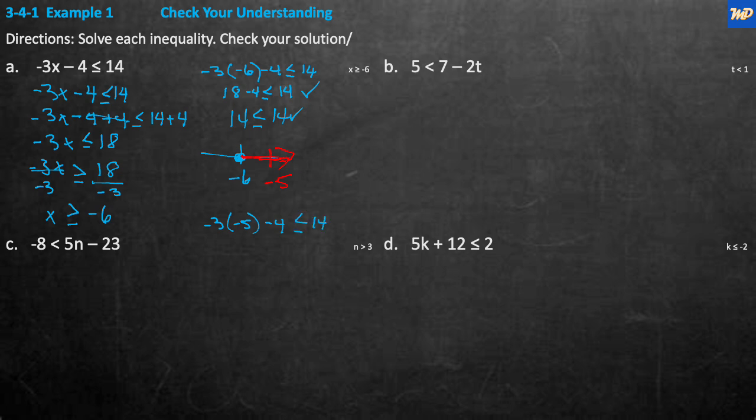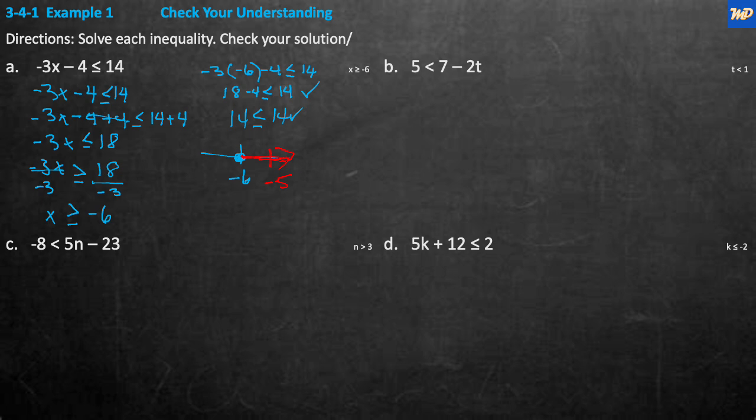We're going to see that 15 minus 4 is 11, and 11 is less than or equal to 14. Since I wrote in the answer, I'm going to go ahead and erase this because it's in the way.